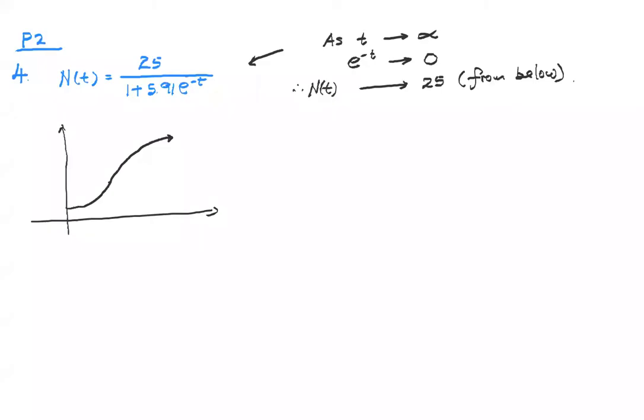Okay, for this particular question also, you have to know how to get the inflection point. There are 2 ways to get the inflection point. So what is the one way of getting the inflection point straight away?